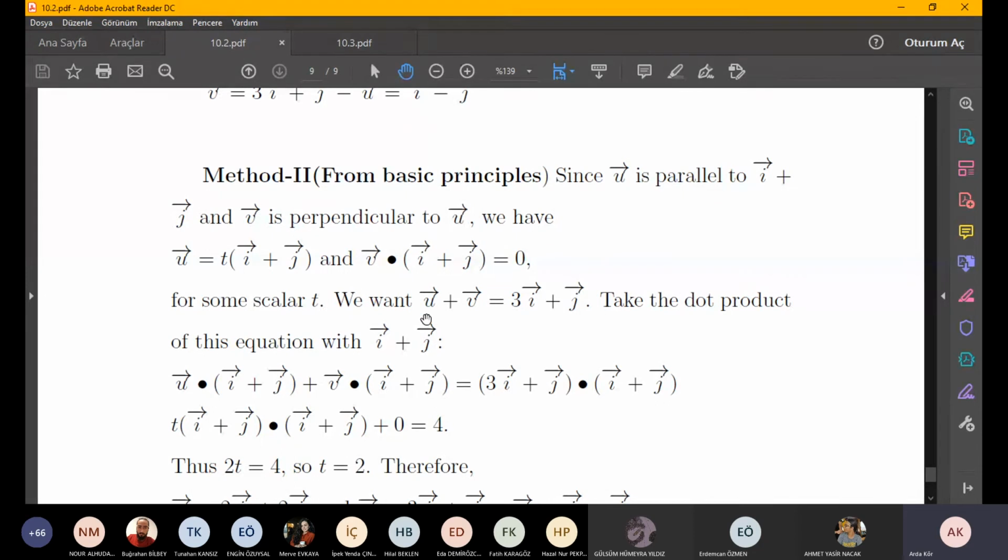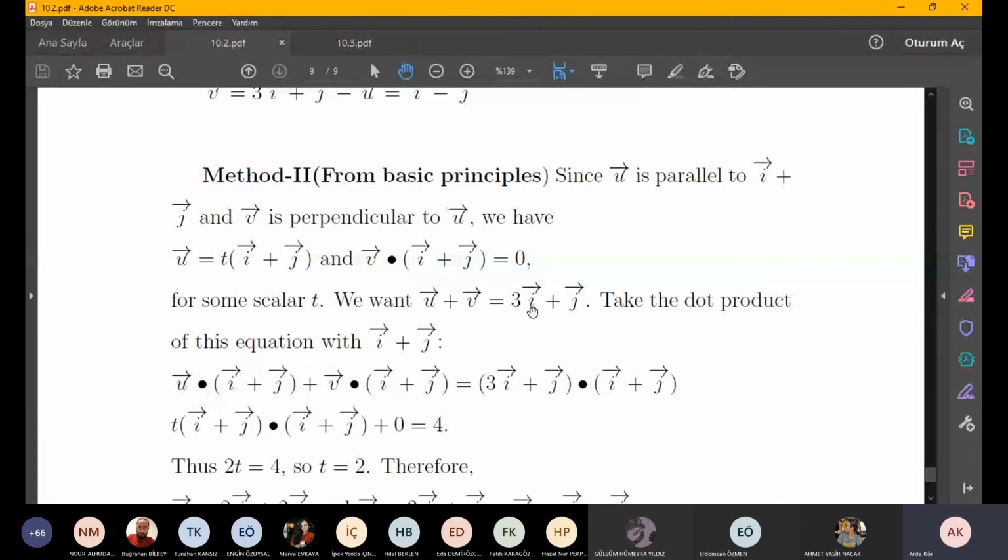If you take the dot product from both sides of this equation with i plus j, by using the algebraic properties of dot product, it has to be u dot i plus j plus v dot i plus j equals 3i plus j dot i plus j.